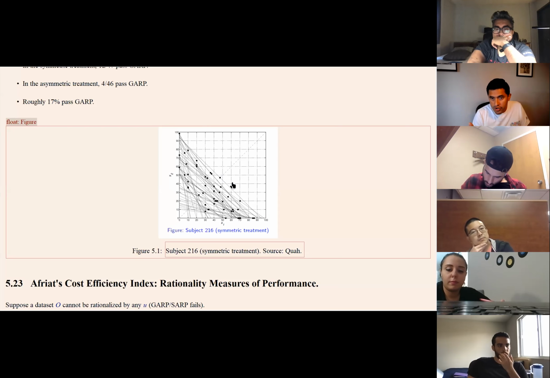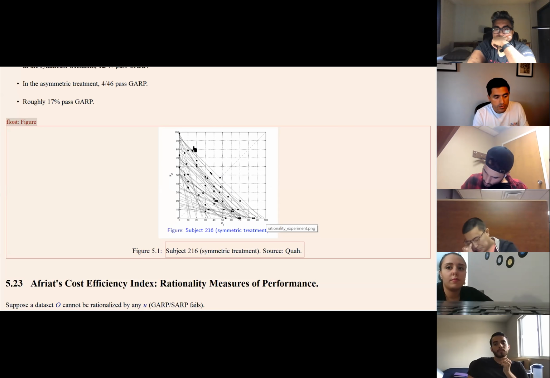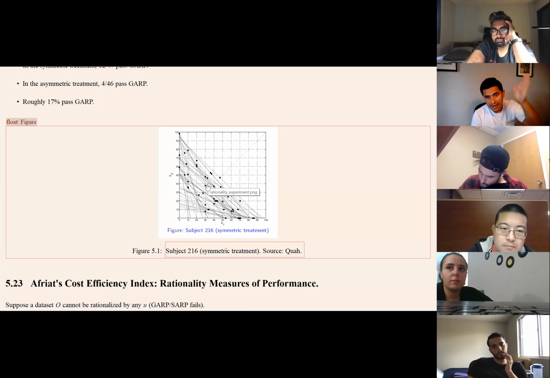And the misperception error, which is the second kind of error, is that I try to maximize my utility, but they don't give me the information about prices. They just give me the slope as a drawing, right? So then I have to figure out the slope. This one here is almost a 45-degree line, right? So the ratio between prices is 1. That seems to be easy. But what about the others, right? Do you know exactly what the angle is?